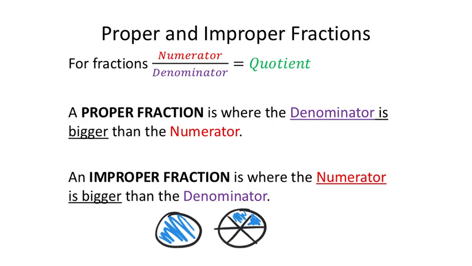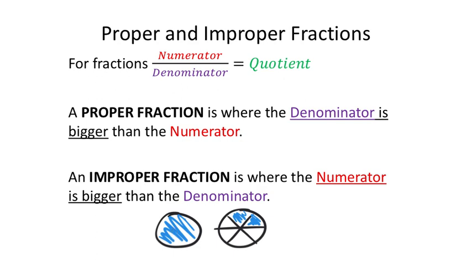This is just a different example, but the moment I see a full circle shaded in, or it could be a rectangle, and then I see some other parts shaded in, is the moment I'm looking for an improper fraction, because it can be shown as a mixed number. That's important to remember as improper fractions.